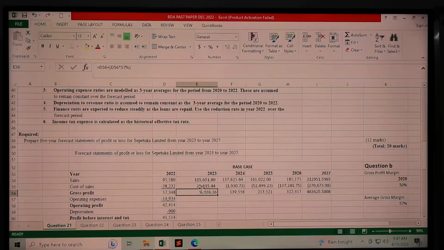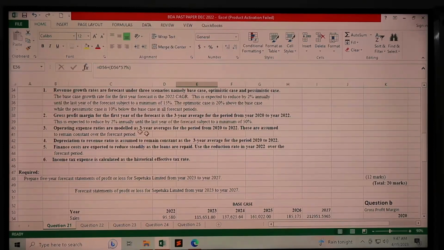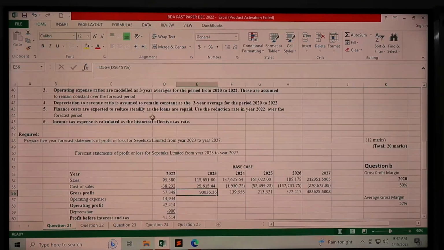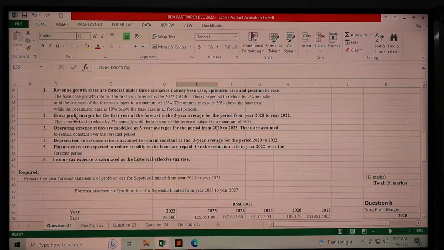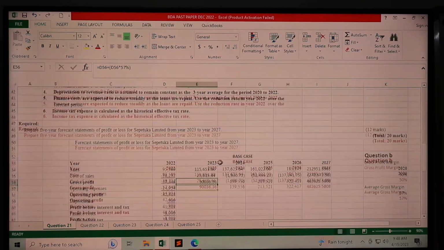So for 2023, you get the gross profit margin growth rate, which is 57%, and you are told this is expected to reduce by 2% annually until the last year of the forecast, to a minimum of 50%.